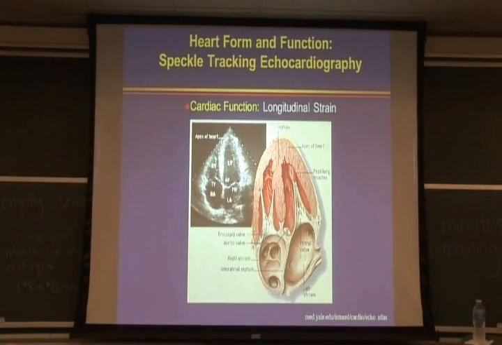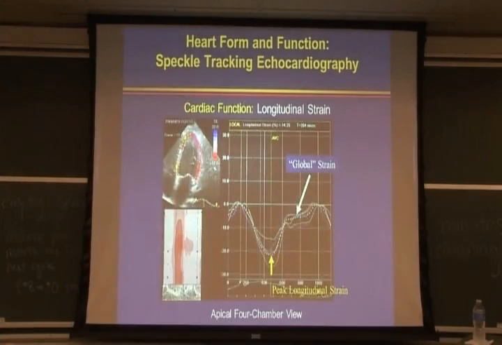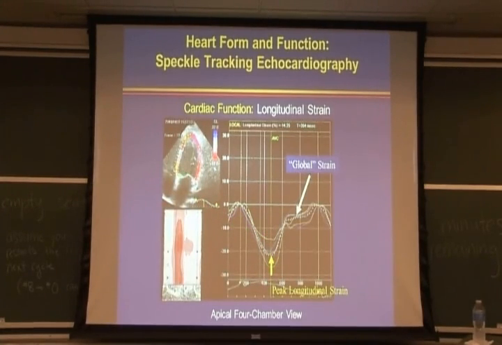We can measure the strain in the longitudinal direction, along the longitudinal axis of the heart. We get graphic forms, and we get different waveforms for different segments. Here is the 4-chamber view of the heart, with 2 basal, 2 mid, and 2 apical segments. We can measure the deformation and velocity in each of these 6 segments.